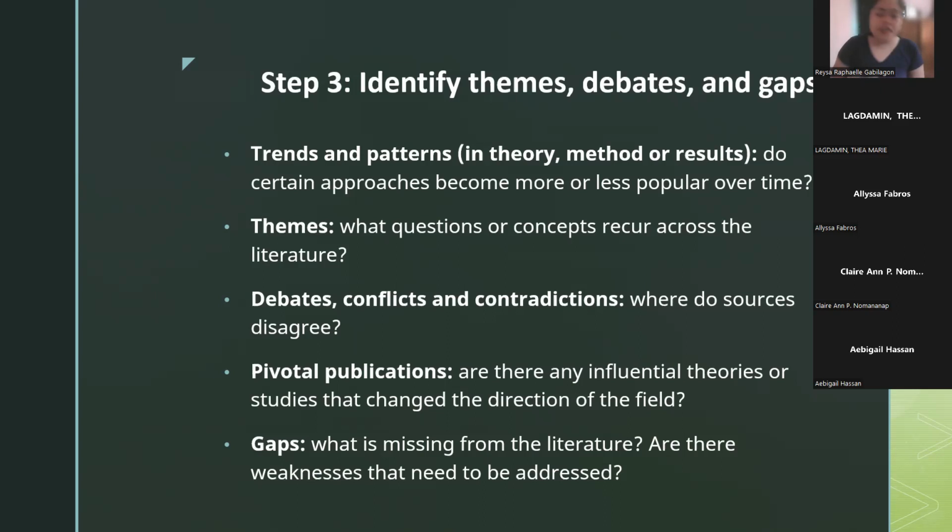You need to look at their findings and see whether they agree or not. If not, you need to discuss that in your own RRL. Okay? And you may also identify pivotal publications, the influential theories or studies that changed the direction of the field or of your research problem.